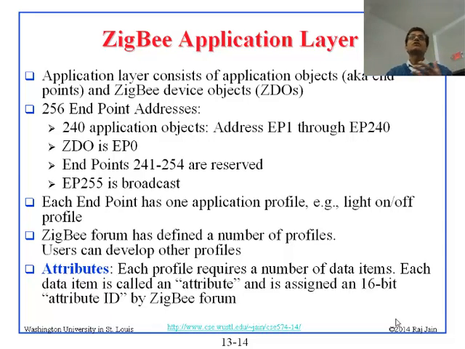Okay, so the object is a data object, integer, number, or something, but this is called an attribute because people think integer is an attribute, which it is, but we are referring to the number. So the number is an attribute, which could be an integer or real or floating or whatever. So each profile requires a number of data items. Each data item is called an attribute and is assigned a 16-bit ID.